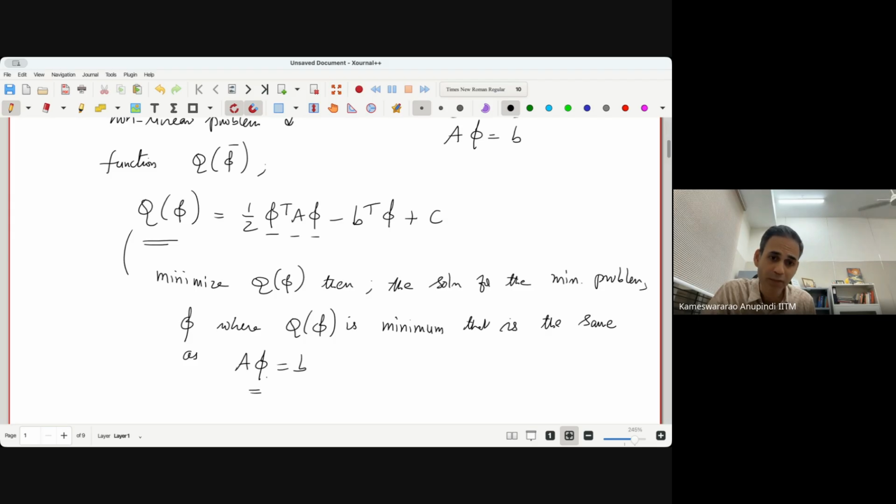That means that is going to be the same phi as we wanted to obtain from A phi equal to b. So that is the idea.